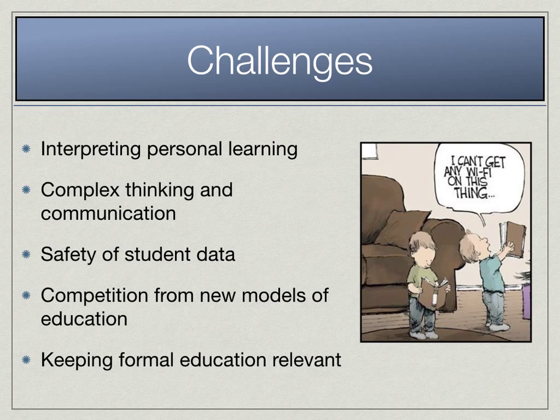Many challenges do occur from the technological trends, as you can see. One of the major challenges is the safety of student data, and creating blended classes creates more online users. More online users allows marketers easier access to your personal information.